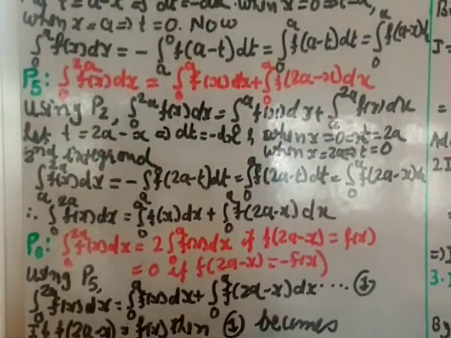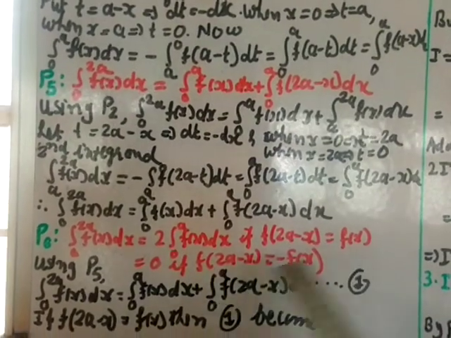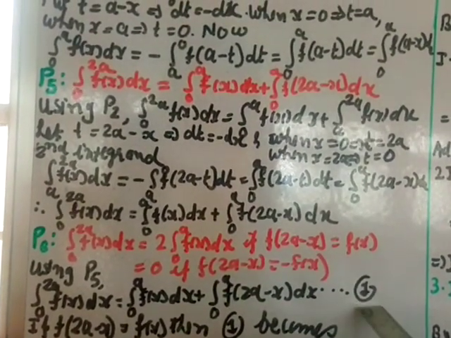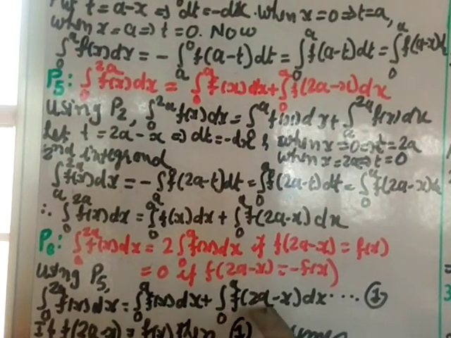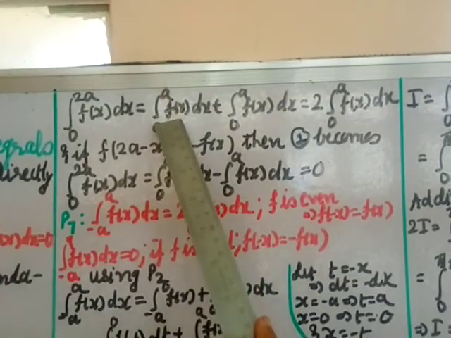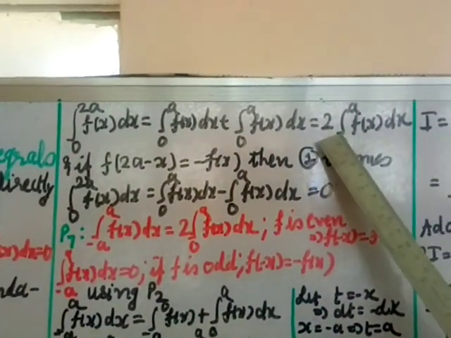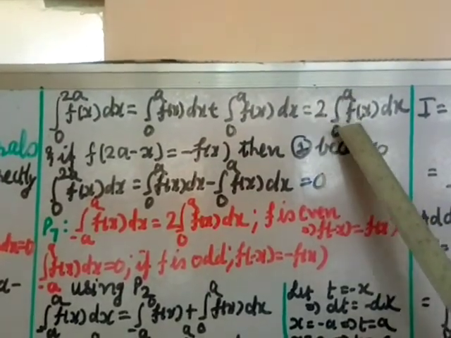This is number 1. Now if f of 2a minus x, you take as fx, then in number 1 it becomes twice. Written here, integral 0 to 2a fx dx equal to integral 0 to a fx dx plus integral 0 to a fx dx equal to 2 times integral 0 to a fx dx.